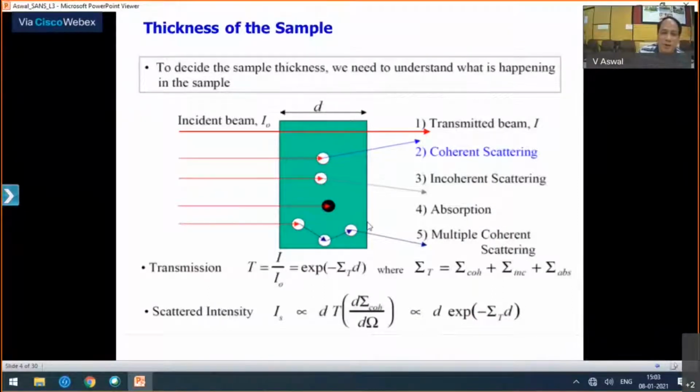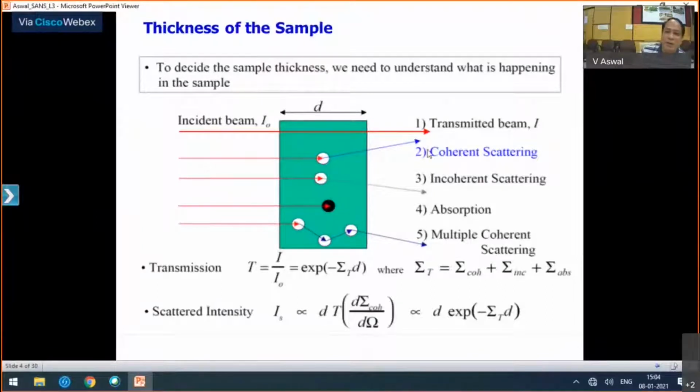You do small angle neutron scattering in a transmission geometry, and to understand what the thickness should be, you should know what the different phenomena happening in your sample are. This is the incident beam with intensity I0. Most of the neutrons will pass through, so you will have a transmitted beam without any scattering, without any interaction with the atoms or molecules in the sample.